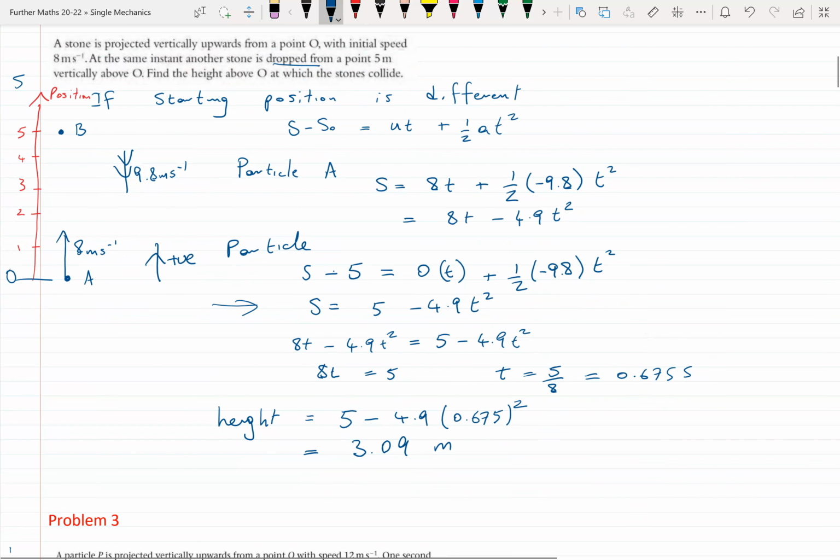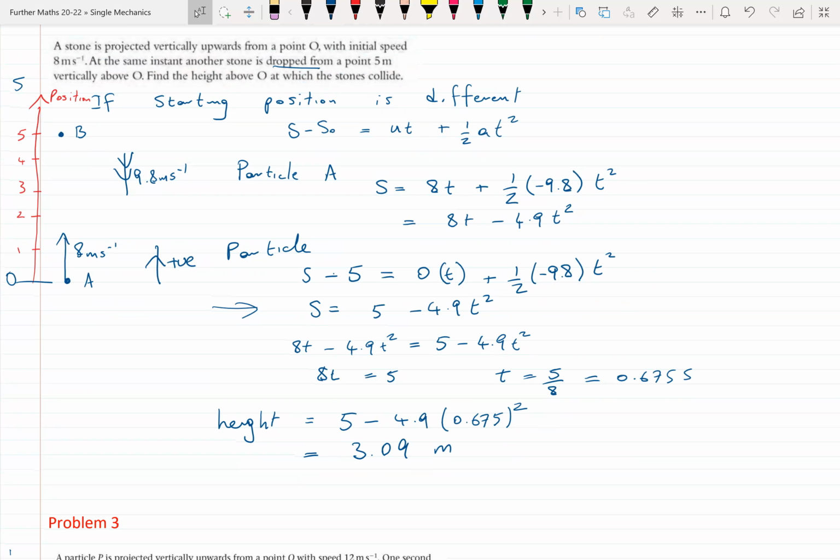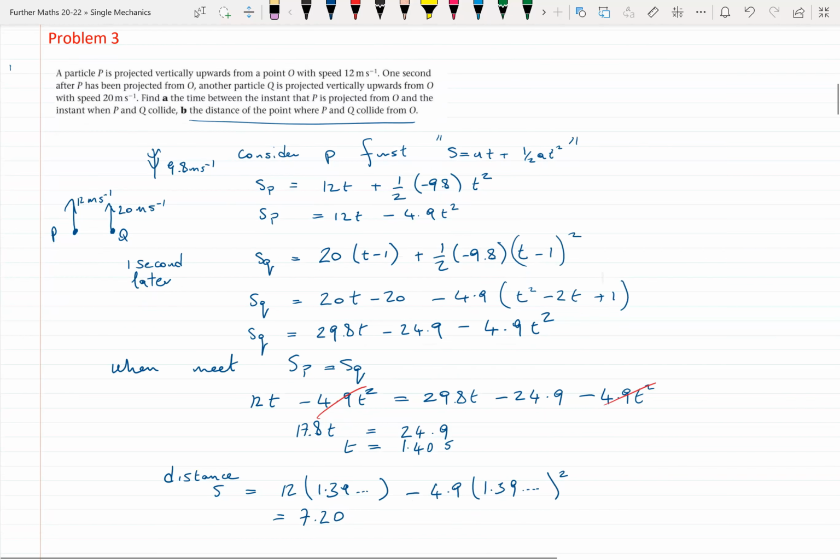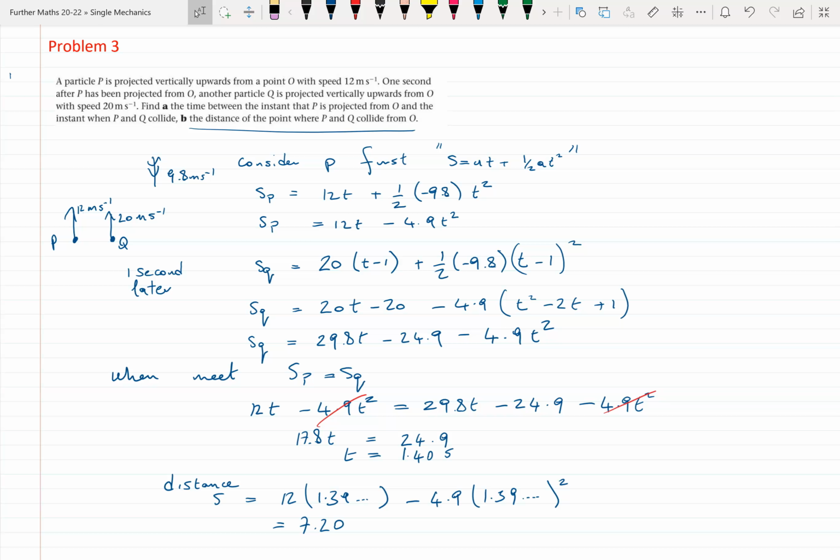The second one was to make sure that we could compare the positions of A and B, and we used this formula, which might be helpful. And the third problem was all about the fact that the position wasn't really a problem or displacement. The problem was making sure that we could compare the two values of t for the two different particles. So you just have to think through the problem. It's all about problem solving really.